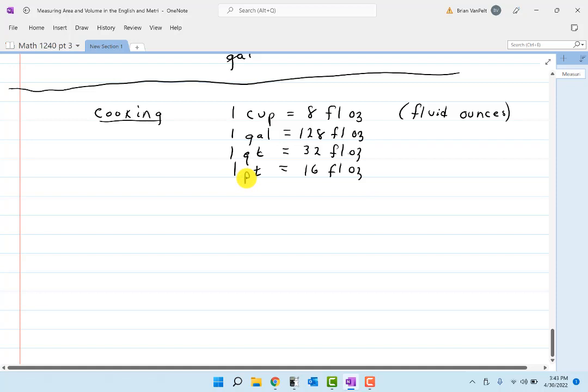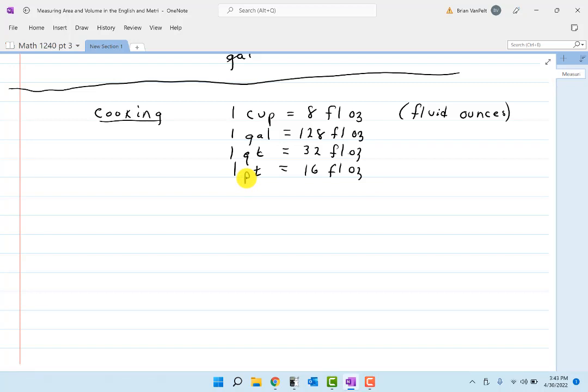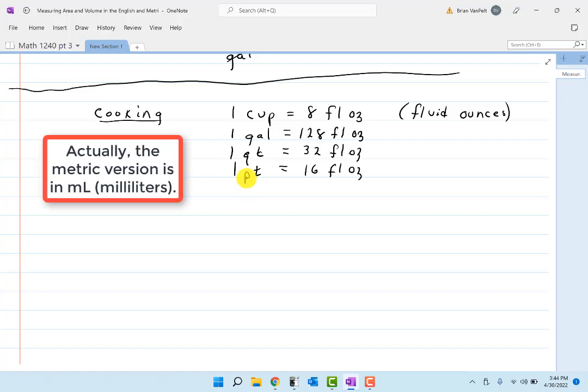And then we did 1 cup, which is half of a pint. You can see that according to the table. So everything in cooking is given in terms of fluid ounces ultimately, or in cubic meters or cubic centimeters when you go to metric.